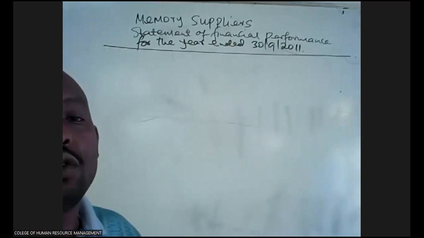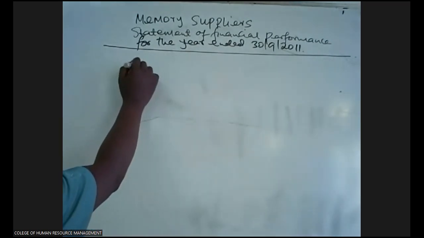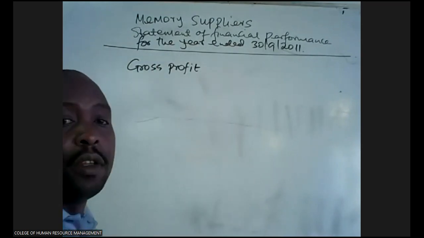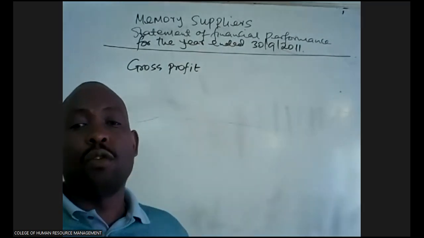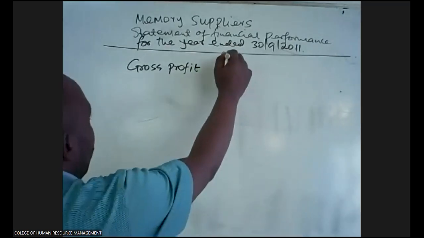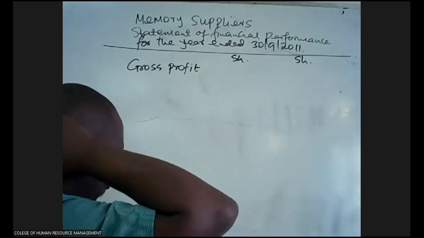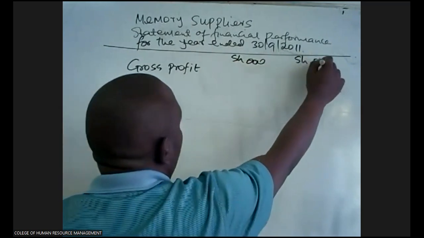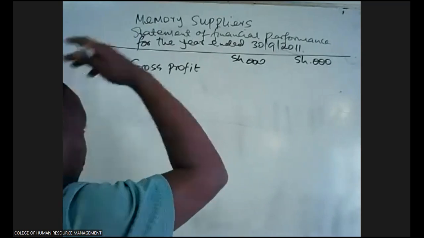Now we are told to do just the profit and loss part. You have already been given the gross profit, which is derived from sales minus cost of sales. That one was done for you. Remember these figures are in thousands. So the gross profit amount is 5570.